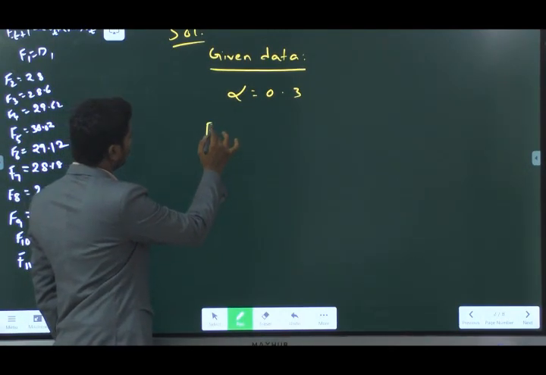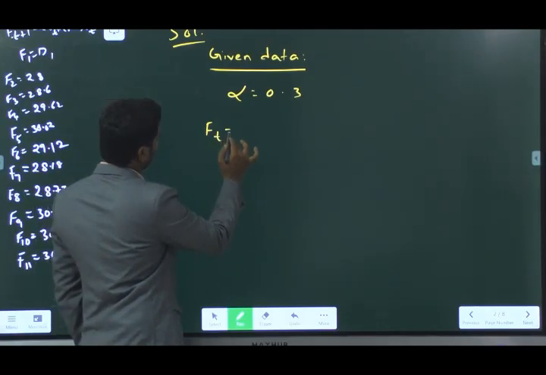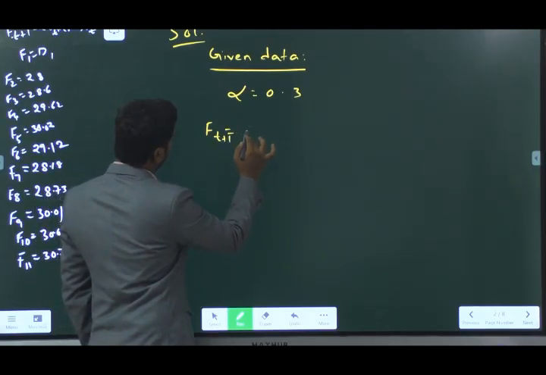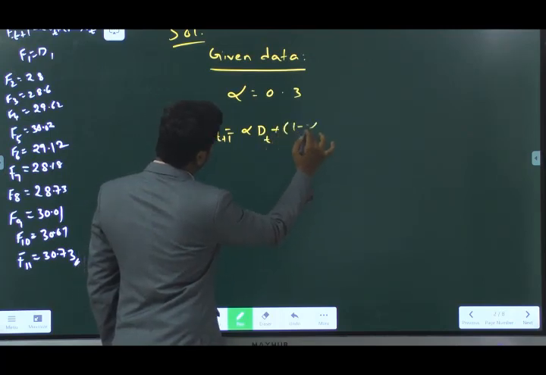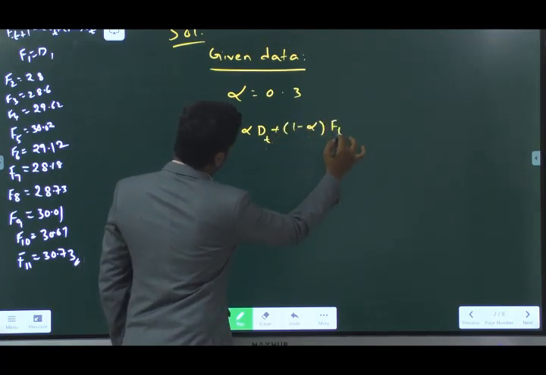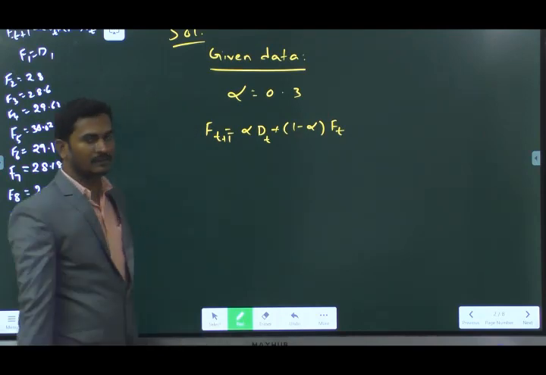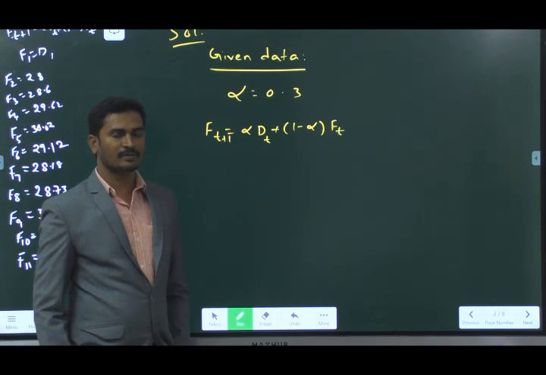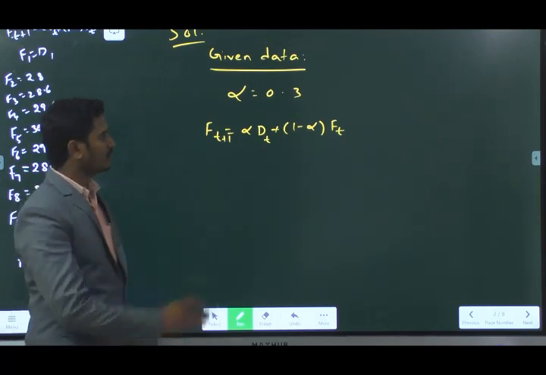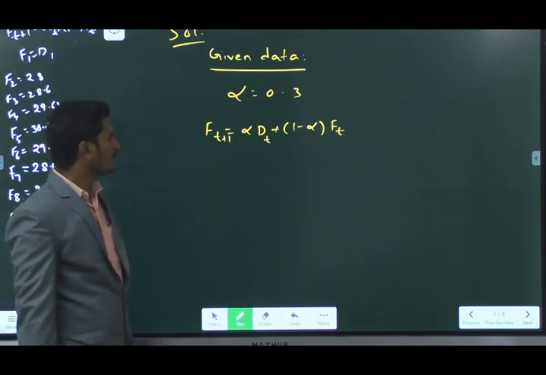The formula we are using is F(t+1) = alpha times D(t) plus (1 minus alpha) times F(t), where Dt means demand for the current period and Ft means the forecast for the current period. We already discussed these terms in the previous lecture.